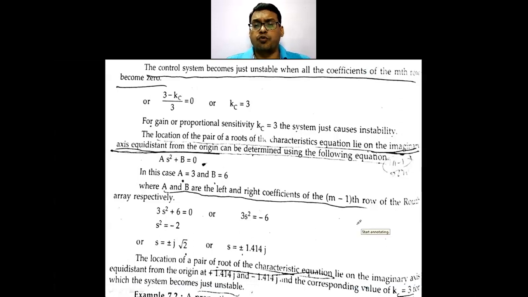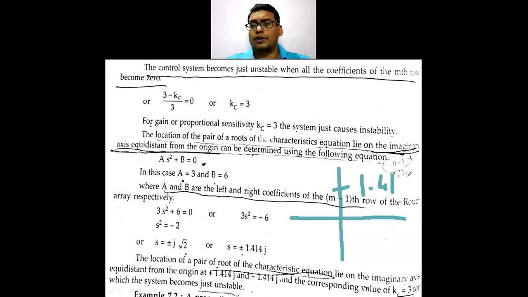Which is equidistant from the origin at 1.414. Now if I plot a graph of this imaginary axis, then the values are plus 1.414j on the plus side, and similarly minus 1.414j on the minus side.